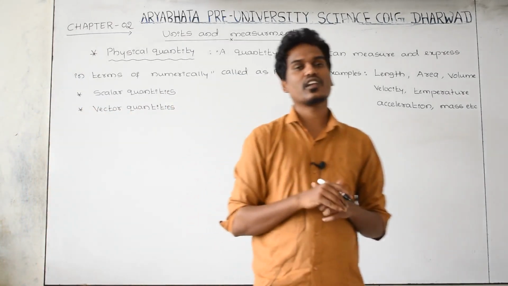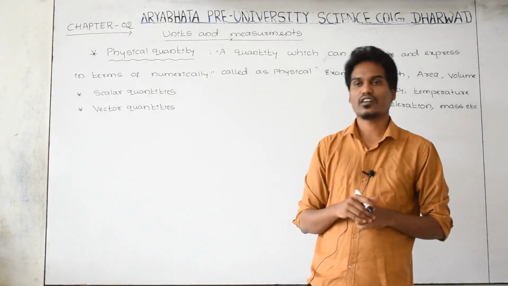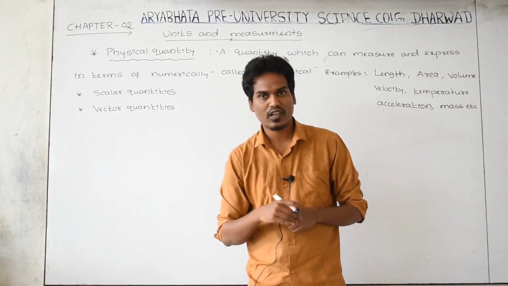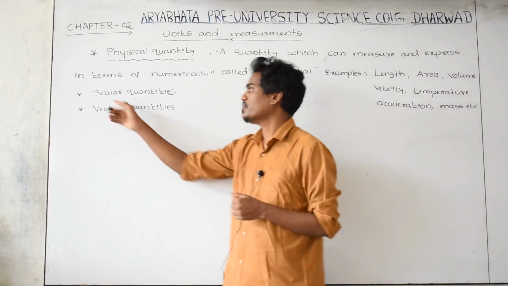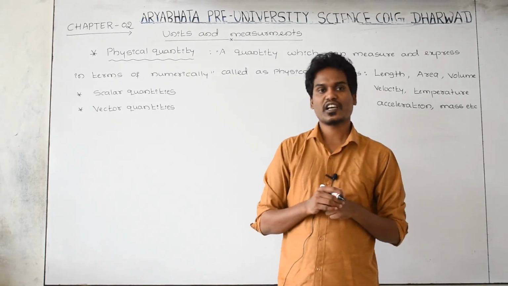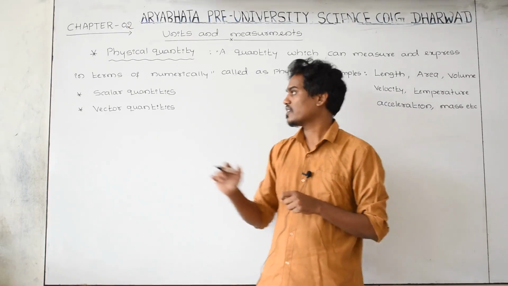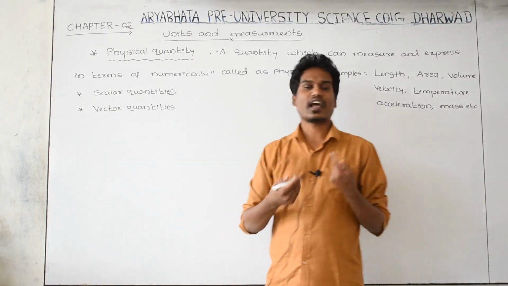Regarding scalar and vector physical quantities, we can discuss in another topic. A bit, I would like to discuss what we mean by scalar quantity. These are quantities which have only magnitude but not a direction, but vector quantities have magnitude as well as a direction.